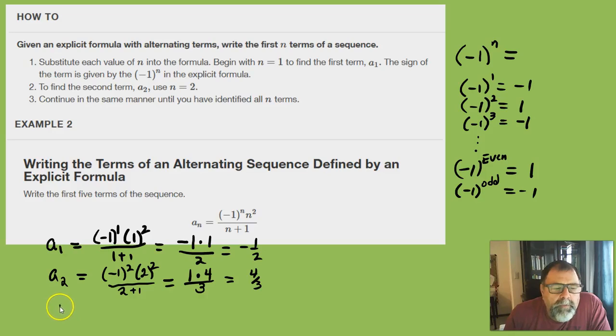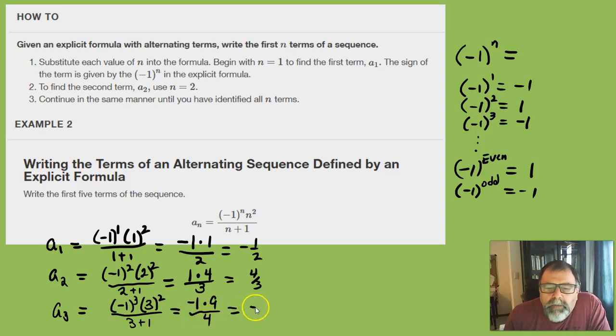Now a sub 3 would be negative 1 cubed, so that would give us a negative 1. n is 3, so 3 squared over 3 plus 1. So that would be negative 1 times 9 over 4, so negative 9/4.